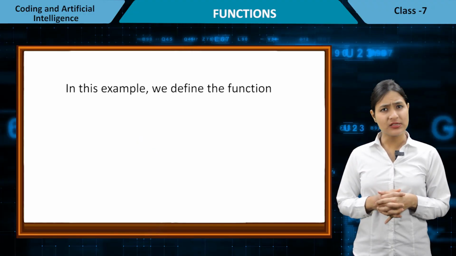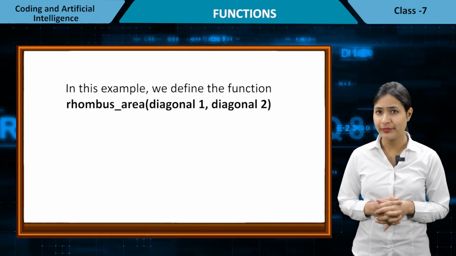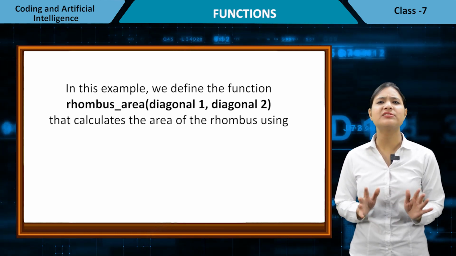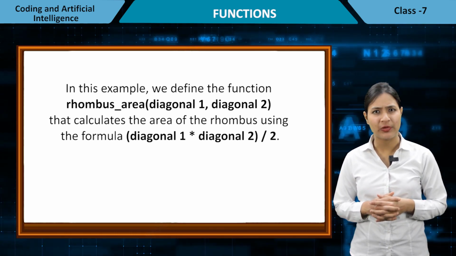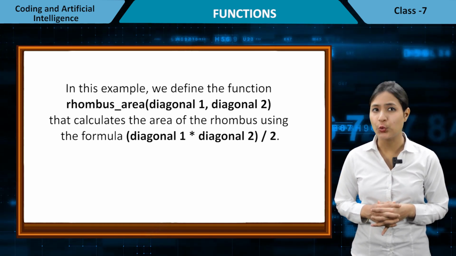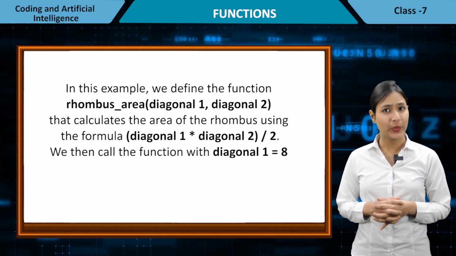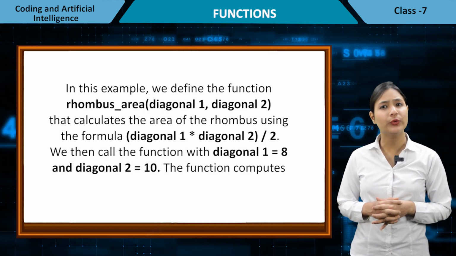Explanation. In this example, we define the function rhombus_area(diagonal1, diagonal2) that calculates the area of the rhombus using the formula diagonal 1 * diagonal 2 / 2. We then call the function with diagonal 1 equal to 8 and diagonal 2 equal to 10.